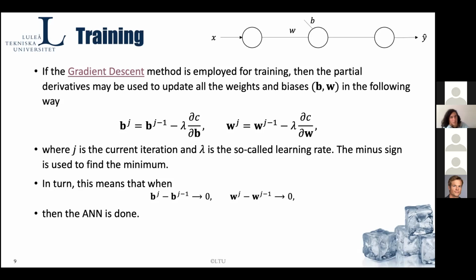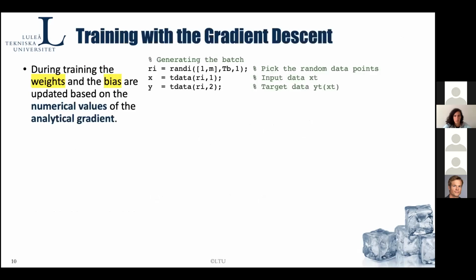And to that, we also add this little feature called the learning rate, here denoted by lambda. And this, of course, means that if it converges, then we will have the weights and biases that minimize the cost function, and then the ANN is done.